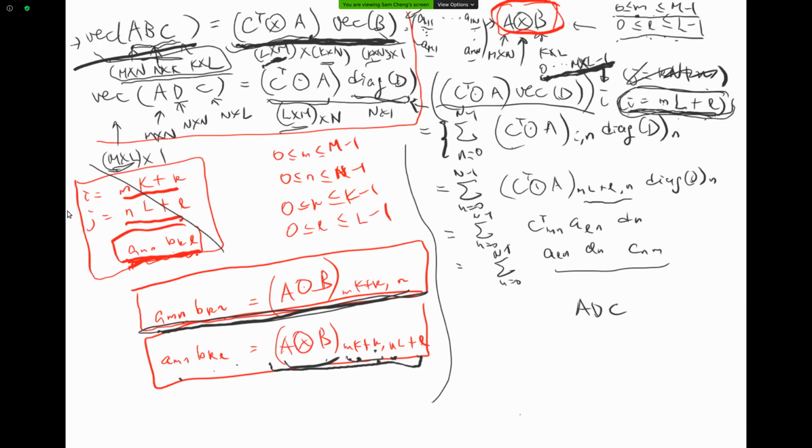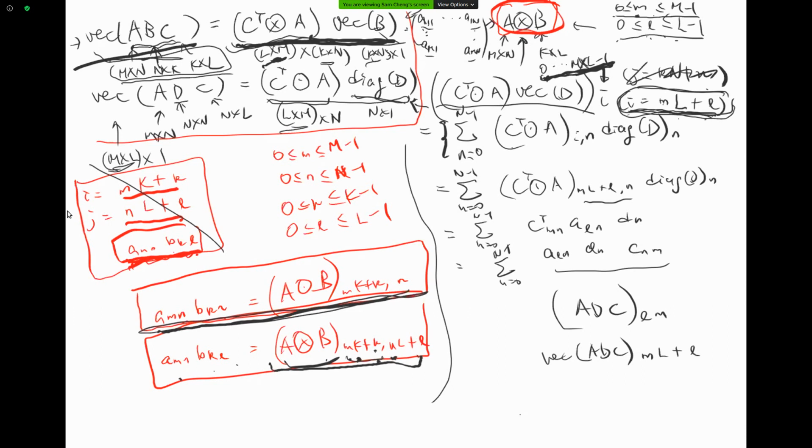We are looking at the LM element of A times D times C. If I look at the factorization of A, D, C, the LM element of that, of course, is just M times big L plus small l here.